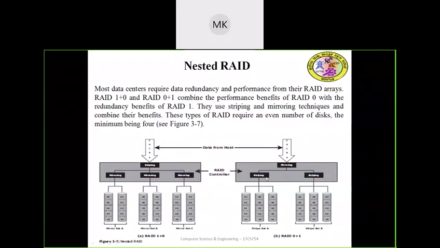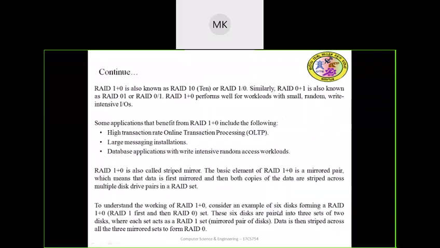This is a pictorial representation of RAID 1 plus 0 and 0 plus 1. RAID 1 plus 0 is also known as RAID 10 or RAID 1 by 0. Similarly, RAID 0 plus 1 is also known as RAID 01 or RAID 0 by 1.